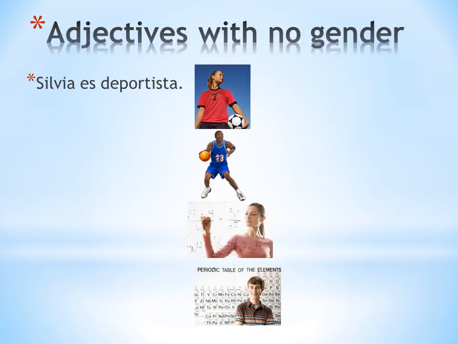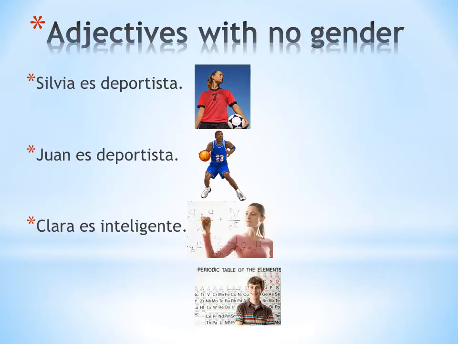Silvia es deportista. Juan es deportista. The adjective is the same for Silvia and for Juan because it ends in ista. Clara es inteligente. David es inteligente. This adjective ends in E, so we don't change it for masculine and feminine.